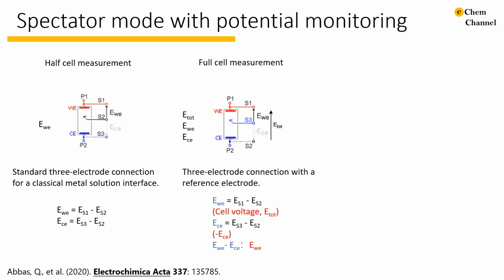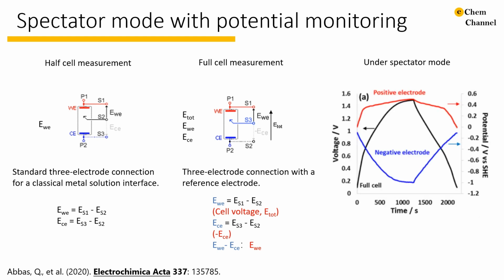In this way, in the data file, the following rows will be displayed. It is then possible to plot change of potential, positive, negative, and total, as a function of time or state of charge. Let's take a look at how we'll approach this.